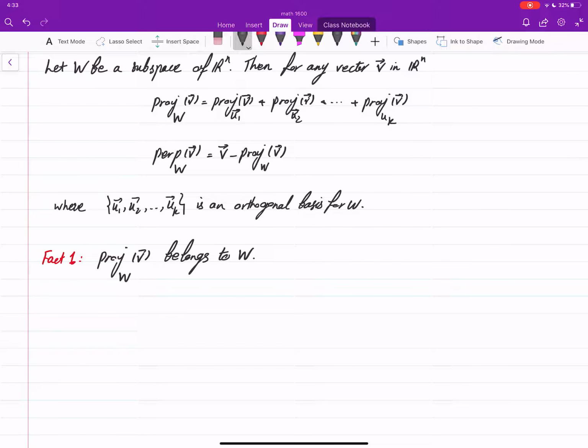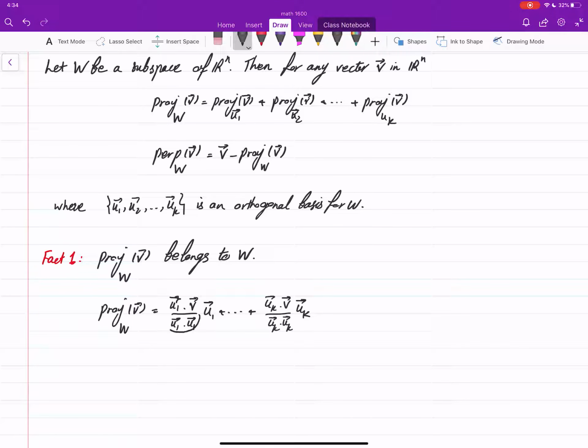You know that the projection of V onto W is a sum of projections, but if you open it up, you see that the projection of V on U1 is U1 dot V over U1 dot U1, then scalar multiplied to U1, and goes up to UK dot V over UK dot UK, then scalar multiplied to UK.